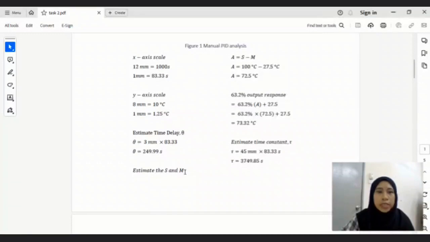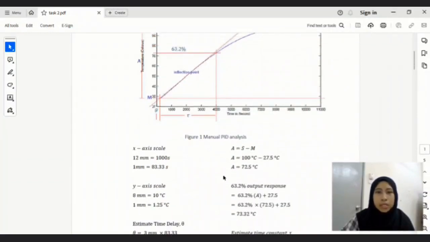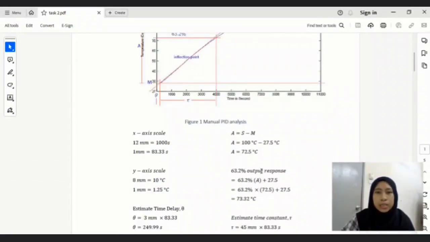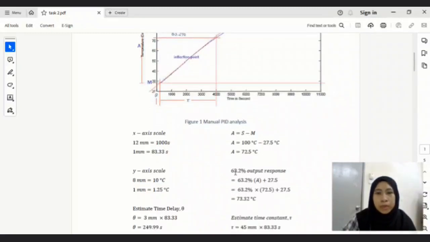After that, estimate the S and M. S is the peak and M is the initial, and we got A. The difference between S and M is 72.5 Celsius. From here, we calculate the 63.2% output response with A plus the initial 27.5.